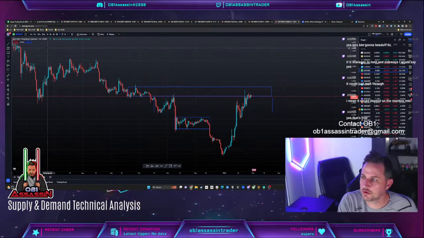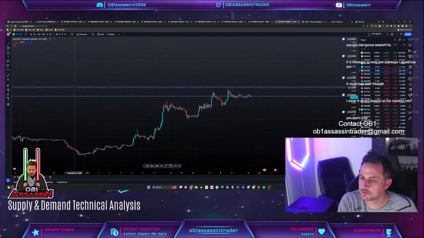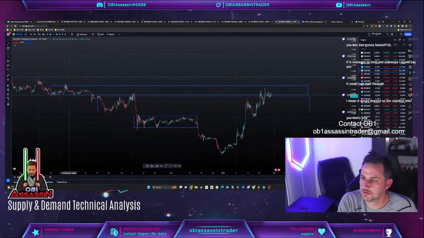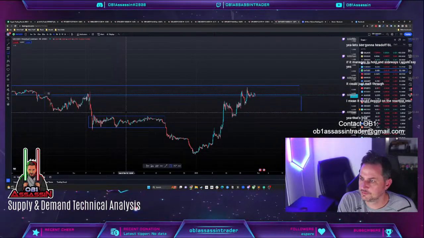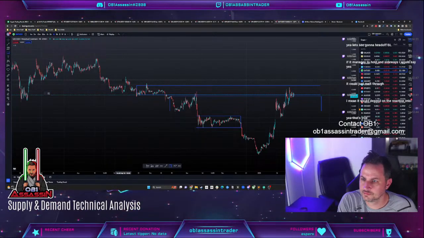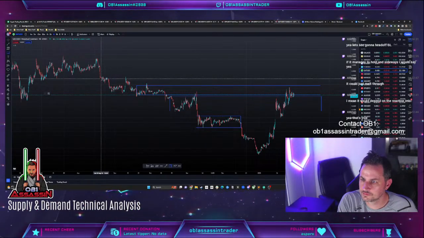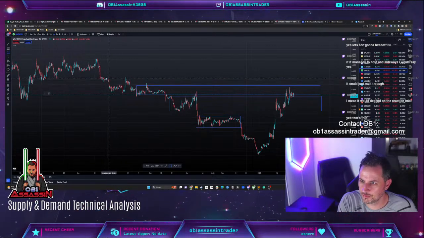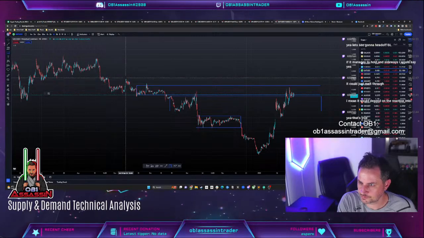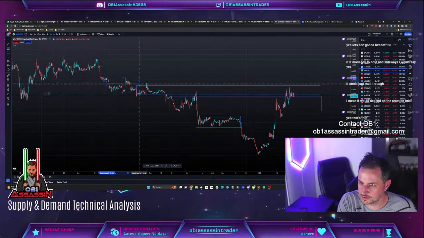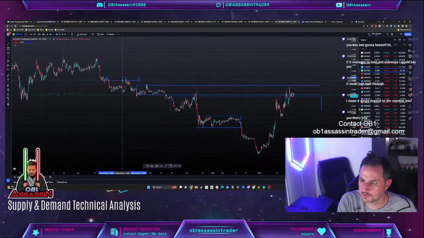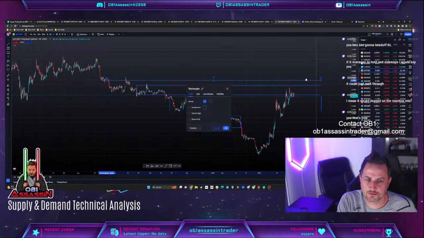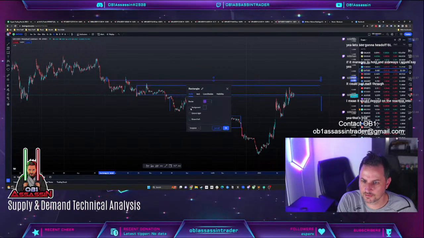Now in terms of order blocks, that's a pretty congruent zone right there. We've had two bearish order blocks come out of this one. It's definitely a potential target.